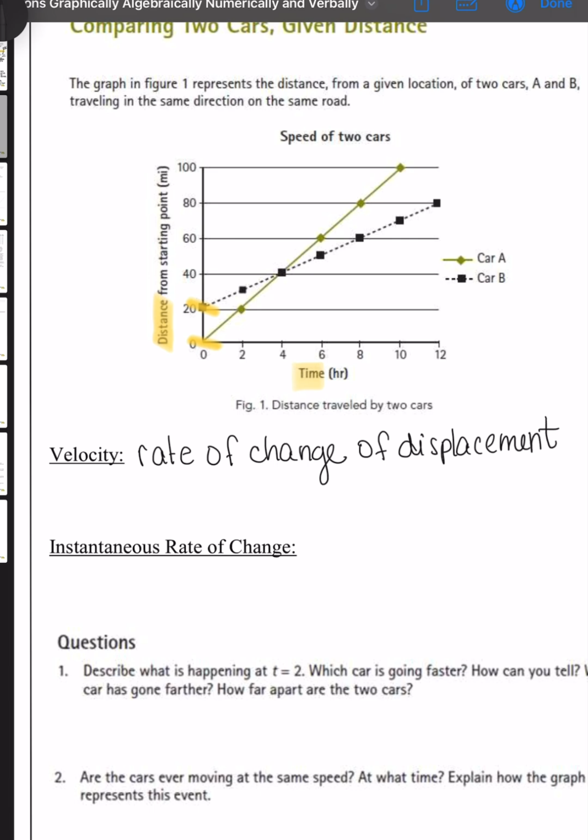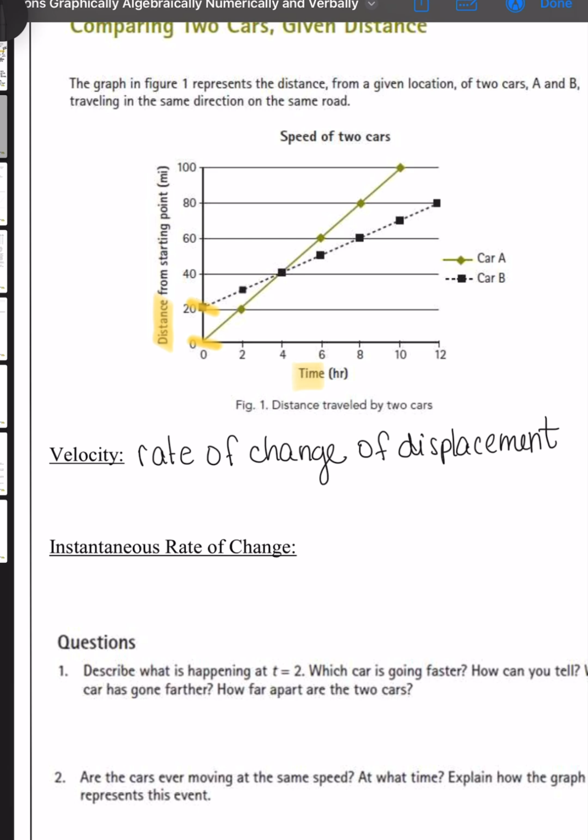Displacement is the moving of an object. So for example, these cars, they started at a certain point and then they displaced themselves a certain amount of miles every hour. Okay, so that's displacement. So velocity is the rate of change of that displacement.